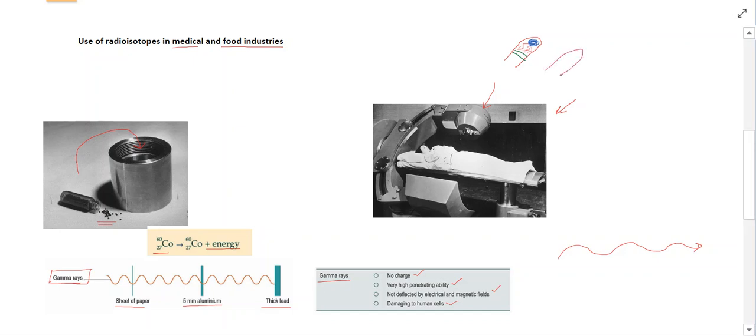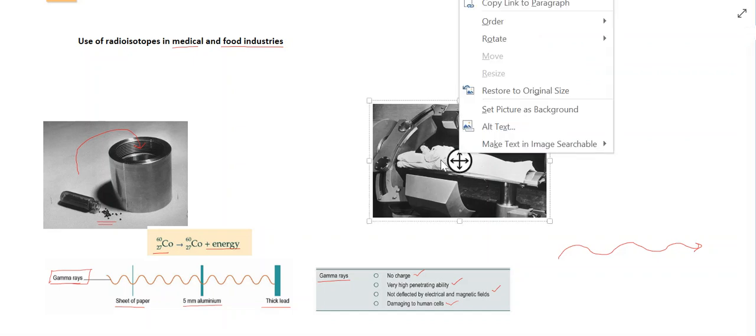What they can do then is open this up, so they can remove this encasing that's on it. And what will happen then is these gamma rays will pass through, directed towards a particular target. If you take a patient, for example, who has a cancerous tumor, there might be a tumor here, for example.